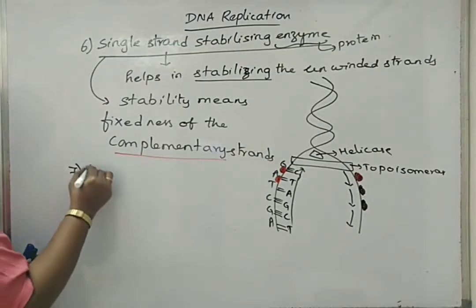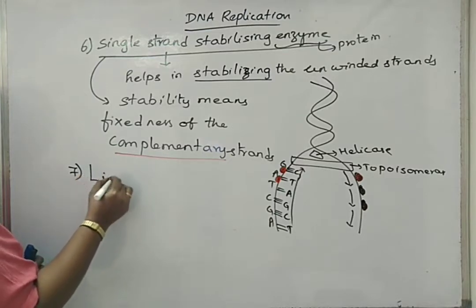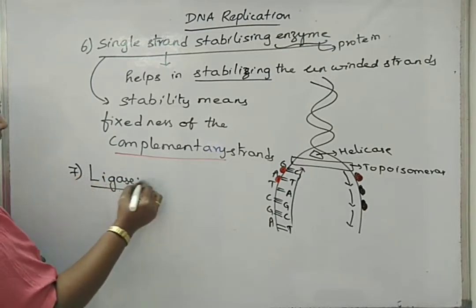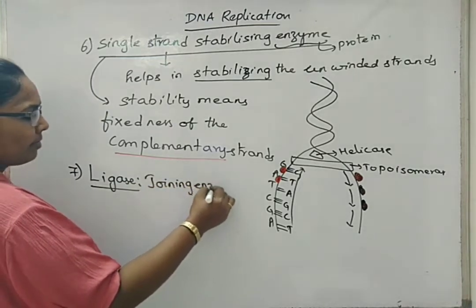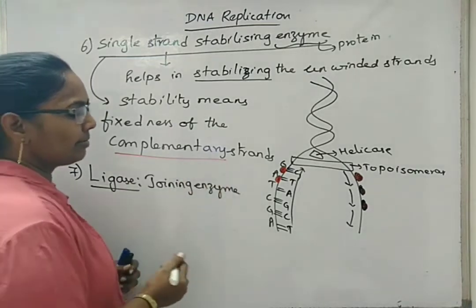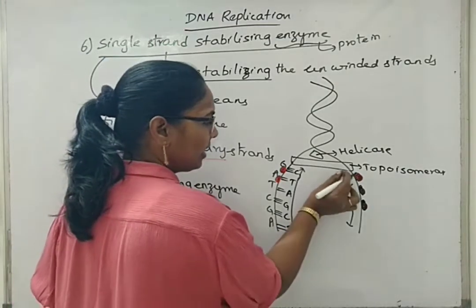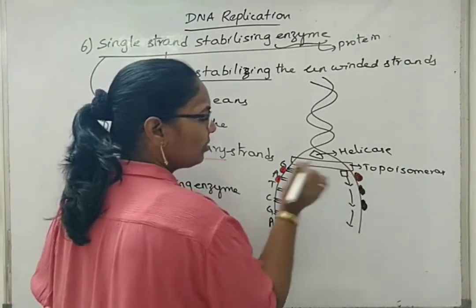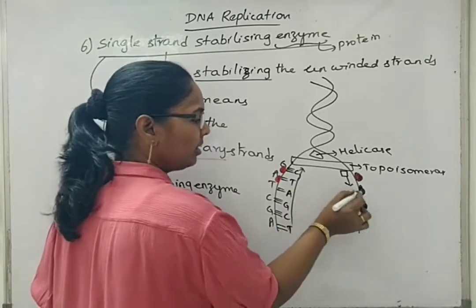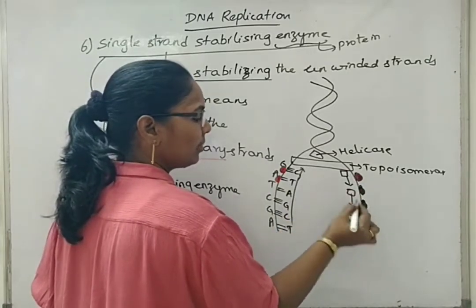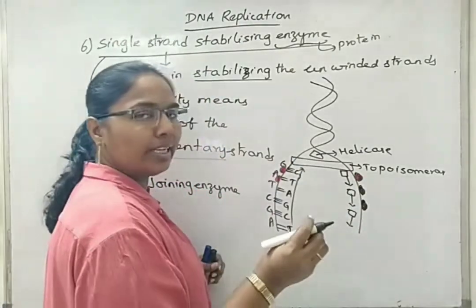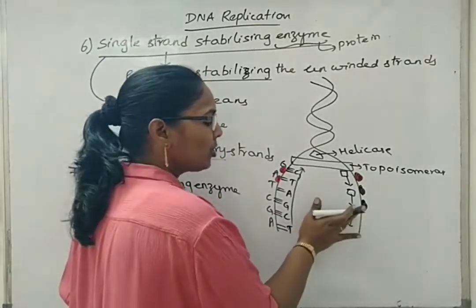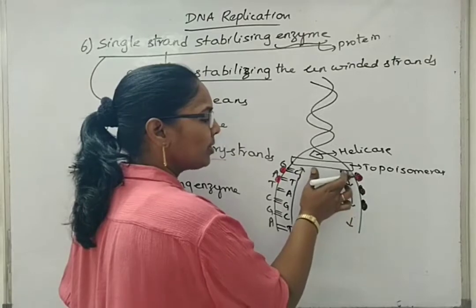Next one is about ligase. Ligase is also termed as joining enzyme. In the sense, first we will see here, an RNA primer will give out a new DNA strand, a small fragment, another RNA primer again. When these RNA primers have given so and so length of DNA strand, later those will be removed by DNA polymerase 1.